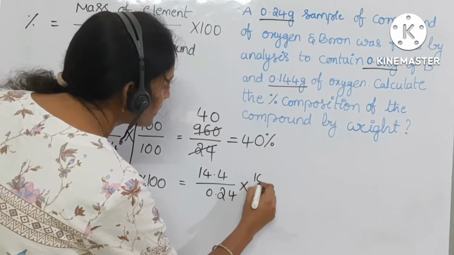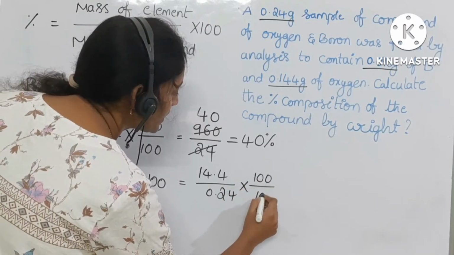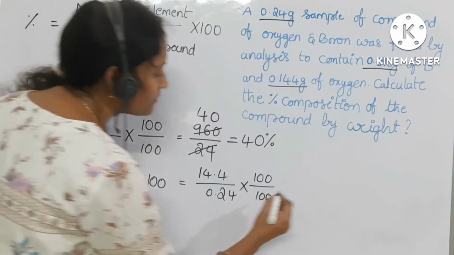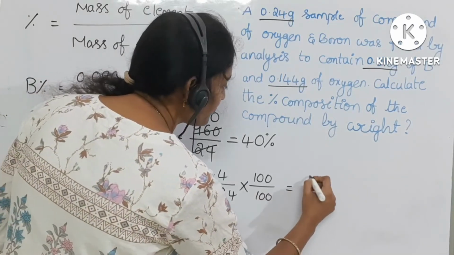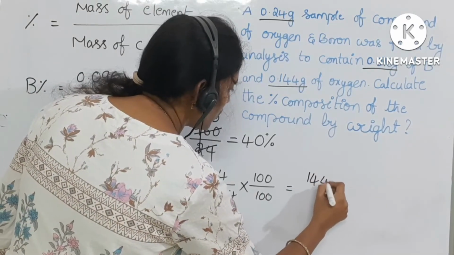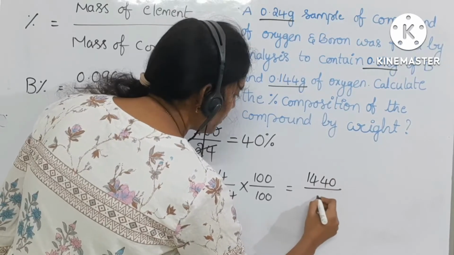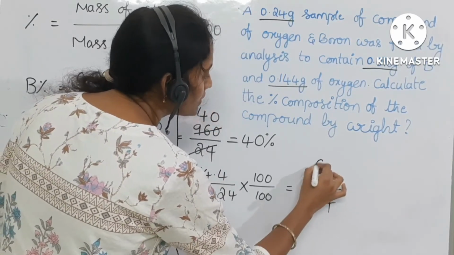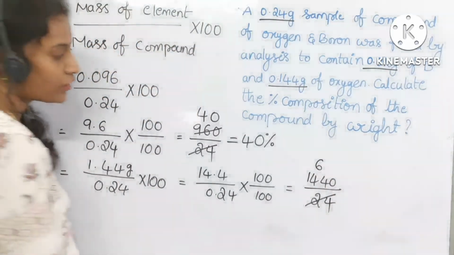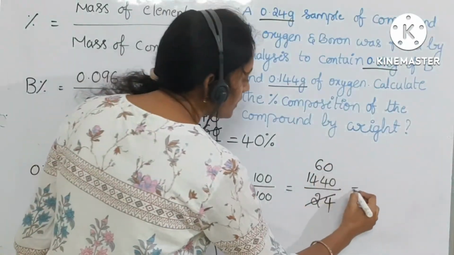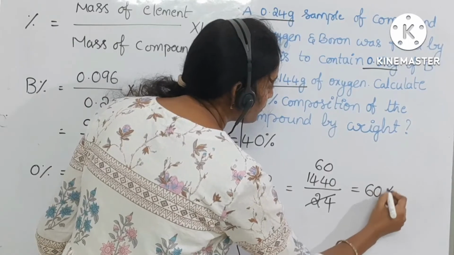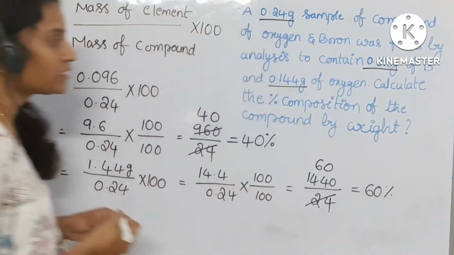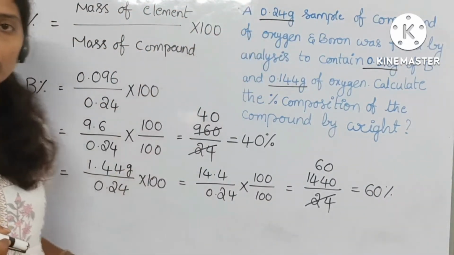Then again you can multiply numerator and denominator with 100. Then you will get 1440 upon 24. See, 24 sixes are 144, then 0. This is the 60% of oxygen present in the 0.24 grams of compound.